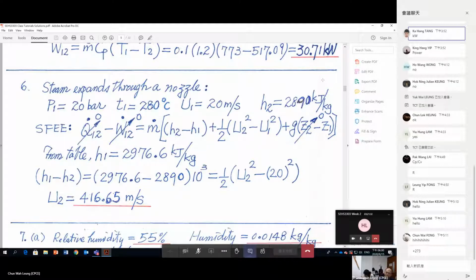Low heat, very small device, so therefore heat transfer is negligible. Potential energy change, negligible, because usually 1 and 2 are at the same level. So therefore, what we have is H2 minus H1 equal half U2 square minus U1 square. Right?